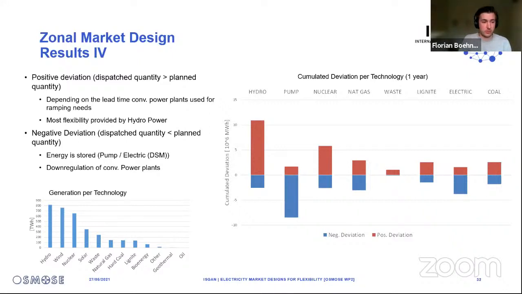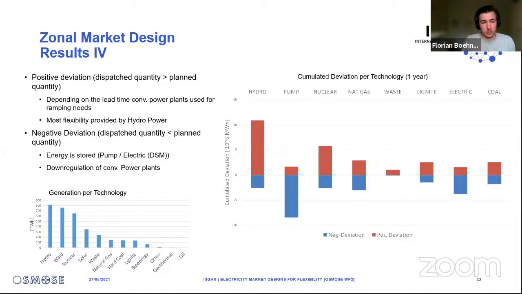And we see in the chart that the JMM uses a lot of hydropower and nuclear if possible, because obviously they are the cheapest technologies of those which are plotted here. But the other big group are the conventional power plants, natural gas, lignite and coal power plants.